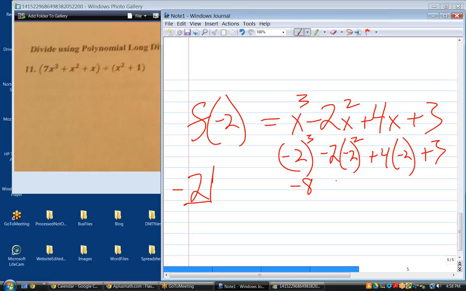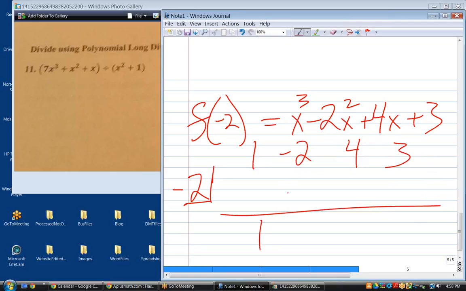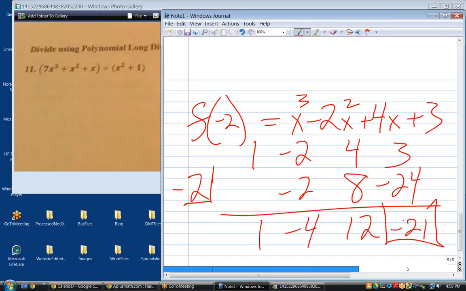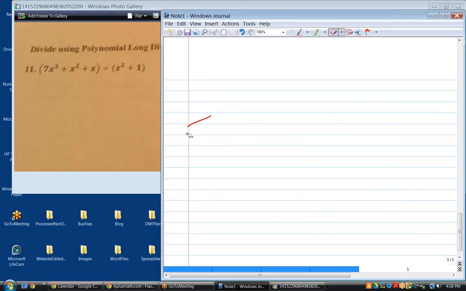It's -8, and then -8, -8 plus 3, that's -21. So if we synthetically divide it, we should get -21 as a remainder. Let's see if we do. Bingo. Okay. Interesting. I did learn that once upon a time, but I hadn't used that feature very much lately.